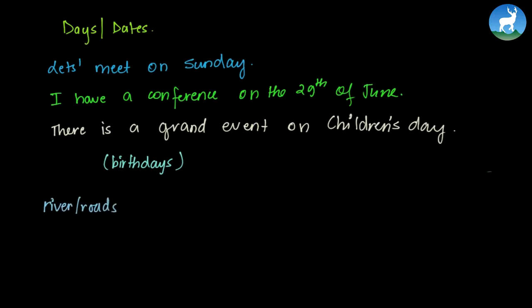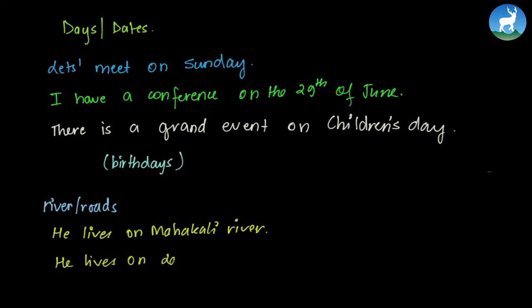For example, he lives on Mahakali River. Now it does not mean that he lives on Mahakali River, he swims inside the river or anything like that. It just means that he lives on Mahakali River, which is very near. His place is near to Mahakali River.